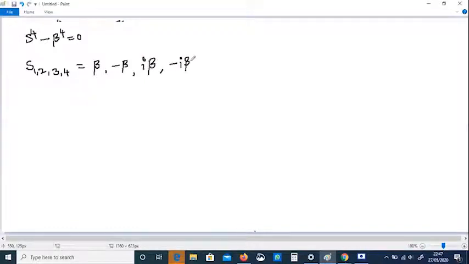This is a standard form for solution of any biquadratic equation, which is a very well known and basic thing. So in this way, we have got four solutions.